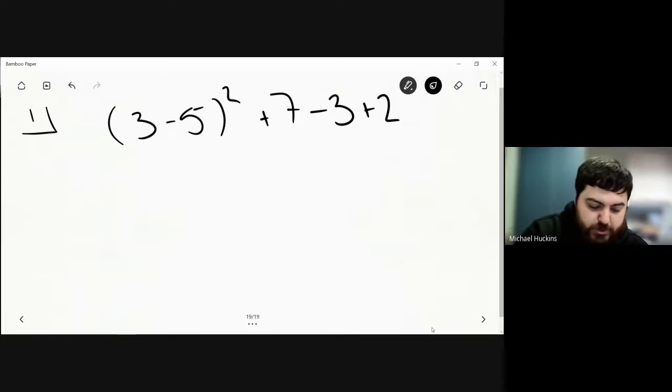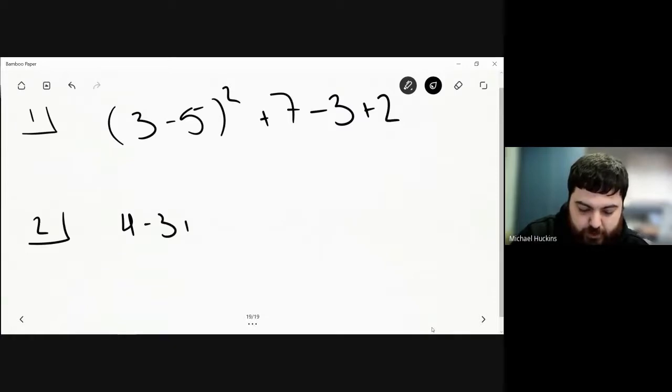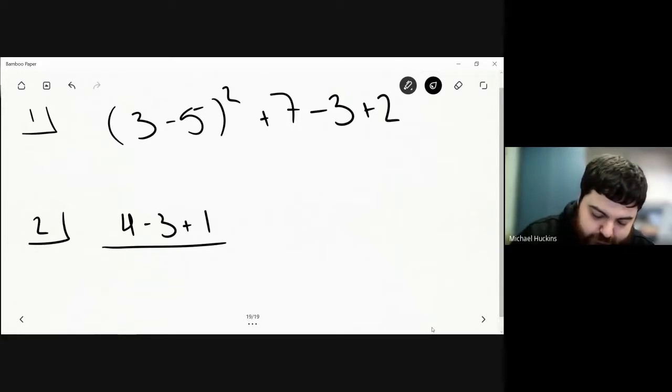And problem number 2. 4 minus 3 plus 1 over negative 3 to the second power.